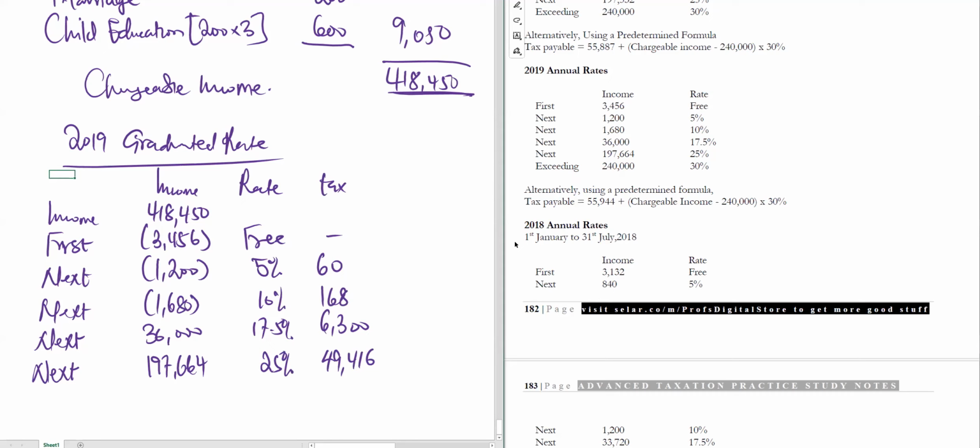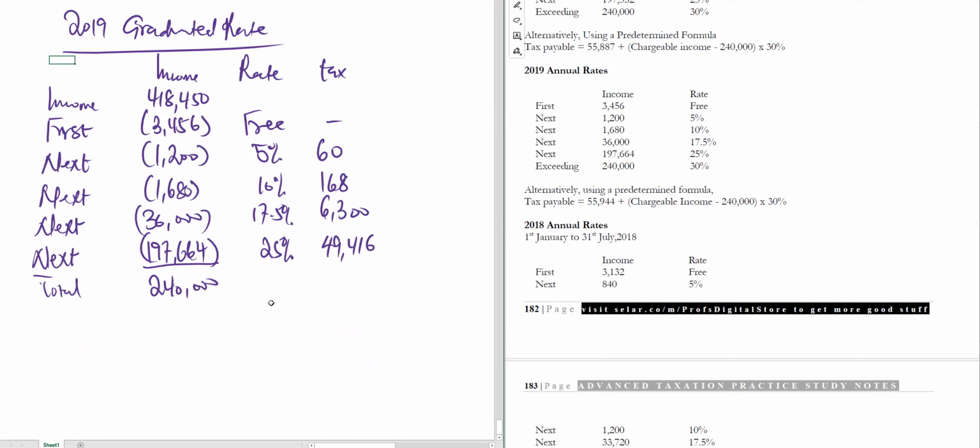Okay, so is that all? Remember, the sum of all this will be 240,000. You can see, the total will be 240,000. So we compare the 240,000 to the 418,450, and the difference is the excess. So what's the excess? 178,450.